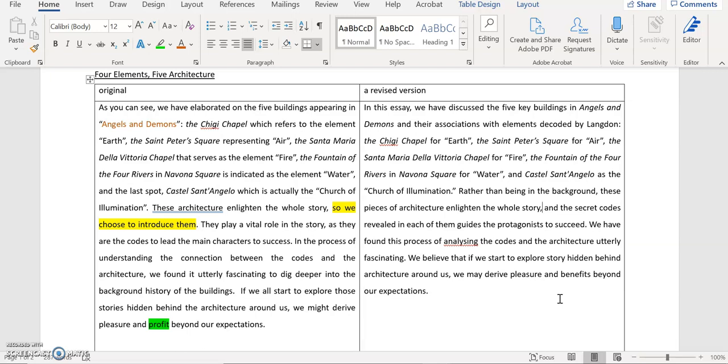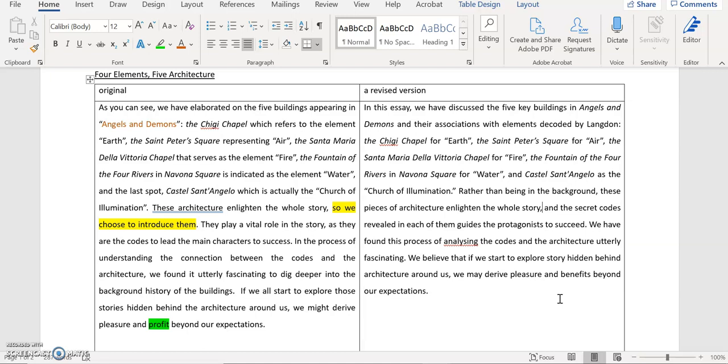So here, as you can see, I started with rather than being in the background, these pieces of architecture, so the architecture, that's the focus. So I want to say the architecture enlightens the whole story, and that is the idea I want to retain. But I add this modifier, rather than being in the background.